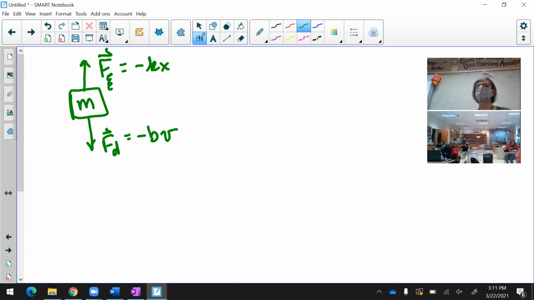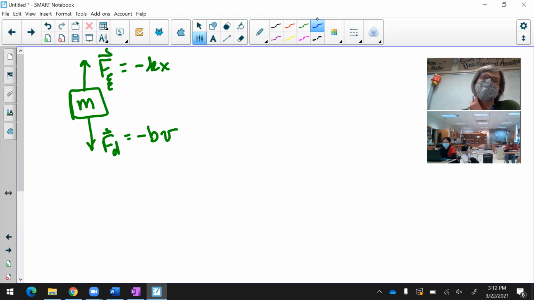Now you're going to say, but there are all these negative signs. And the thing to remember is that the drag force always has the opposite sign as the velocity. And the spring force or the elastic force always works to bring the spring back to its natural length. So those negative signs are okay because X and V are going to be positive or negative. So don't worry.